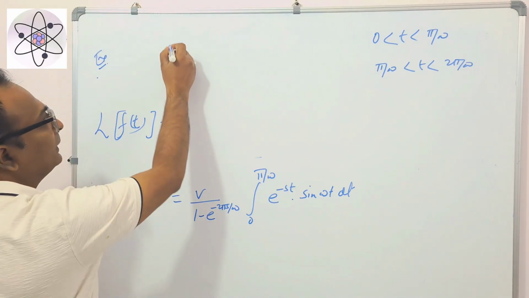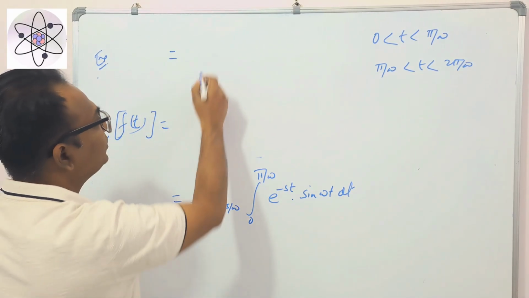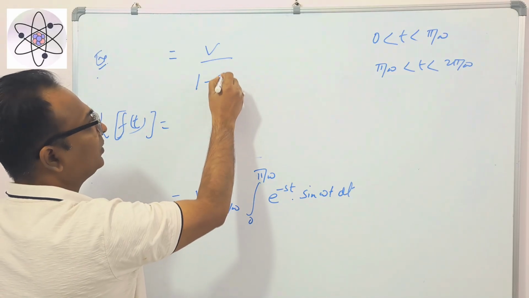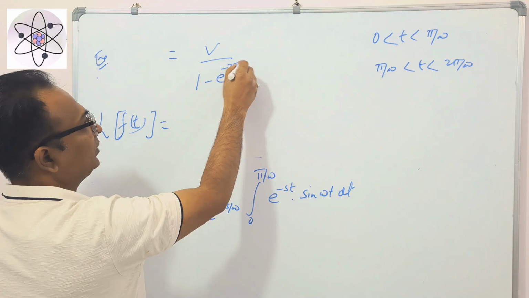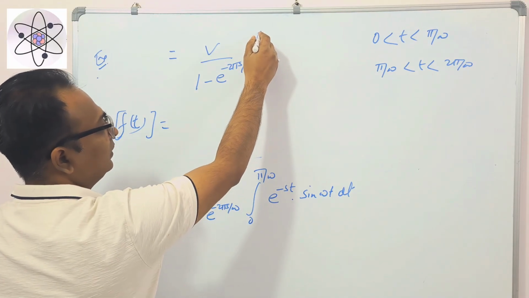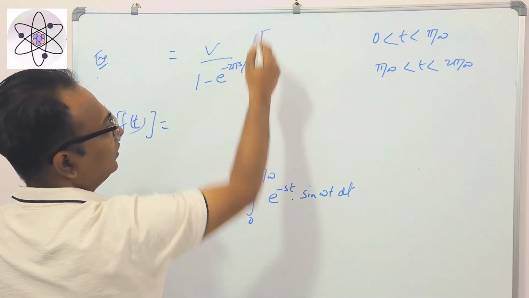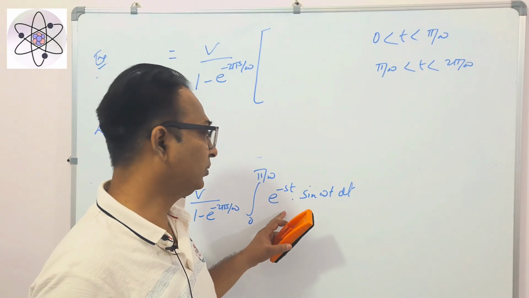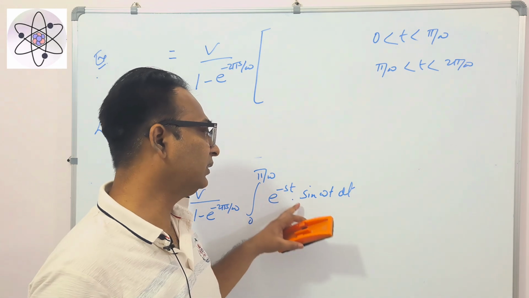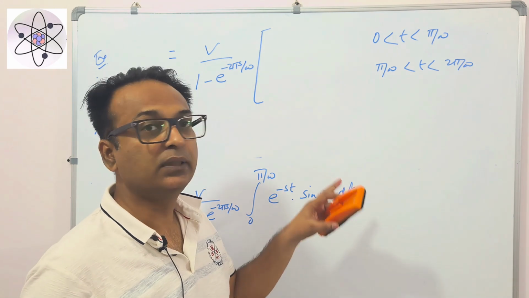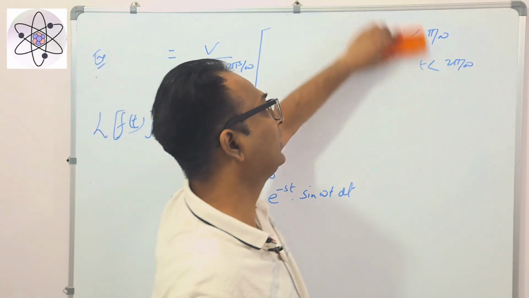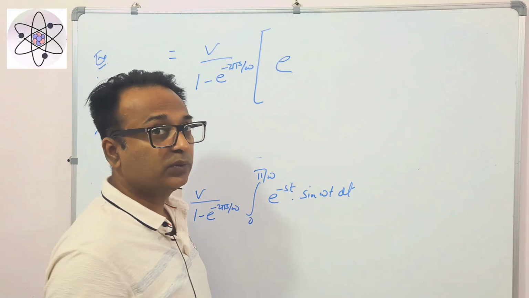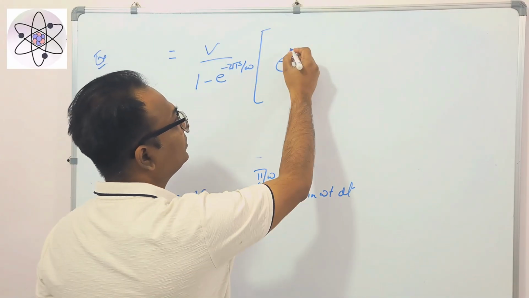So let's go ahead. This is equal to V by 1 minus e to the power minus 2 pi s by omega, and what is the integral of this? You remember, it is the integral of e to the power at sine bt dt. So we have a standard integral. I'm directly writing the answer. Go and check my earlier videos if you have any confusion.